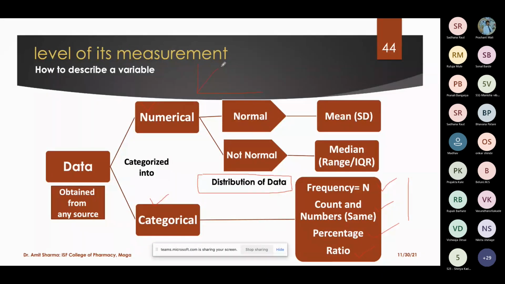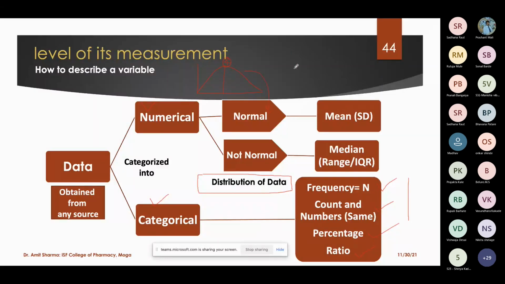And if you have got an exact bell-shaped curve, it means the majority of the animals which you have taken for your study have an age around 4 weeks, but some have an age more than 4, and some animals have an age less than 4, but in the majority 4 weeks will be at the center. So if you are getting a bell-shaped curve, it will be considered as normal data.